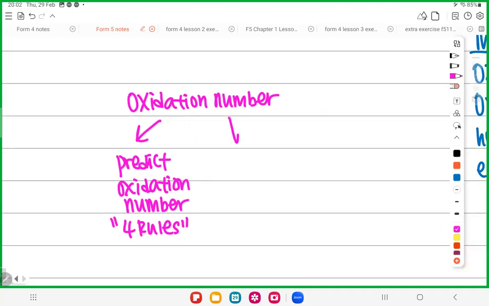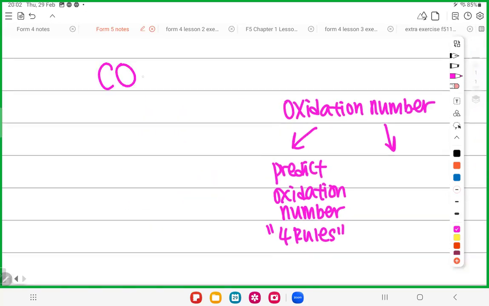After that, we also learned that there are some oxidation numbers we just cannot predict. For example, carbon dioxide. We don't know how to get the oxidation number of carbon. Let's say we have a substance called K2XO3.